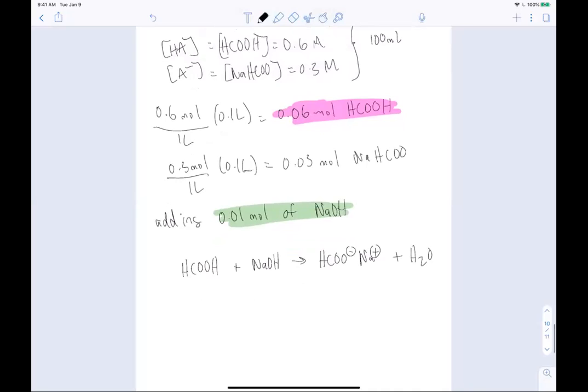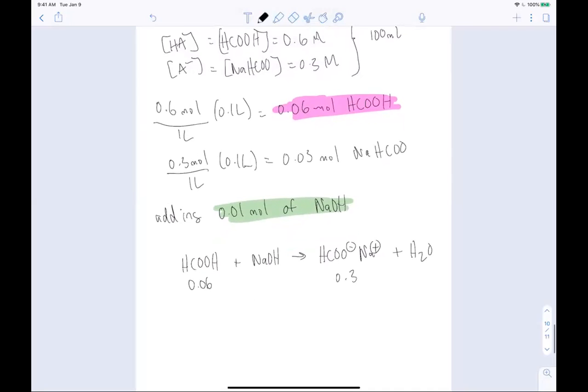Okay, so initially we have 0.06 of this and 0.3 of this.